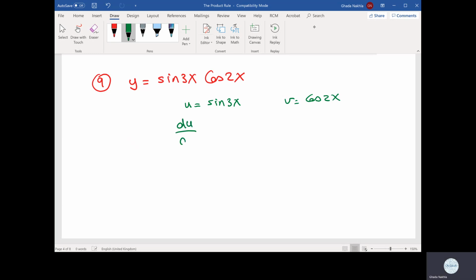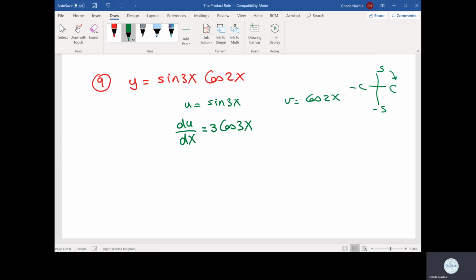Du by dx is equal to, let's draw the diagram again: sine, cos, minus sine, minus cos. I am differentiating sine, so I get cos. When you differentiate sine kx, you get k cos kx, and k is 3, so you get 3 cos 3x.